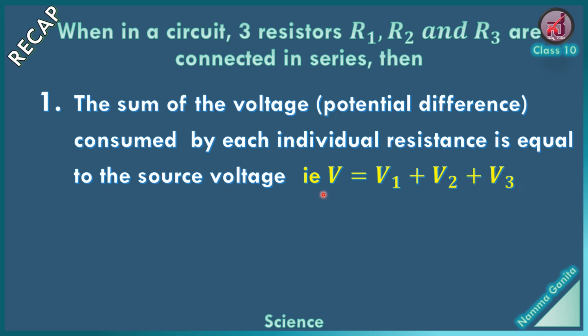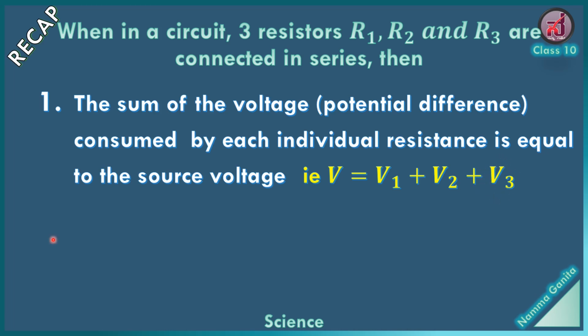V means source voltage, V1 means voltage across resistor R1, V2 means voltage across resistor R2, V3 means voltage across resistor R3.